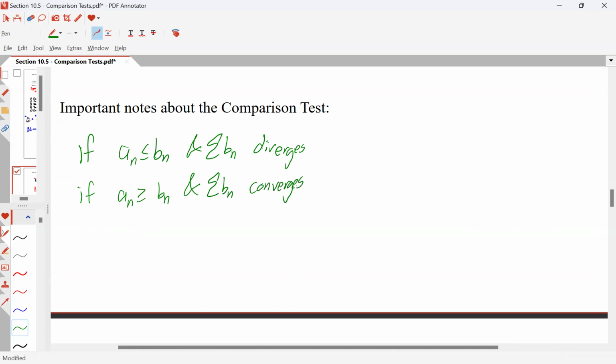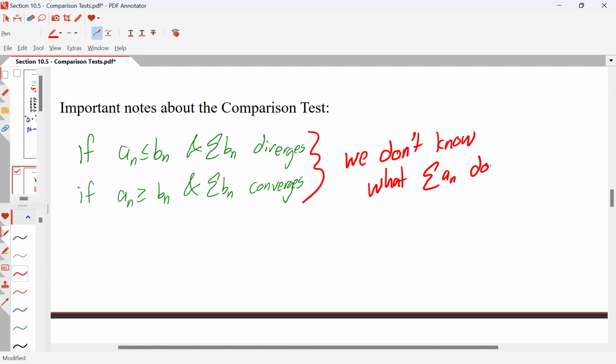These are the two cases that weren't in the comparison test list. If we have these cases, we don't know what the series an does, meaning the direct comparison test does not work.